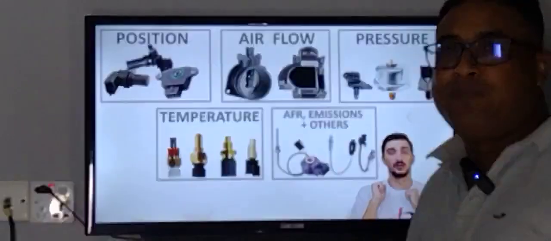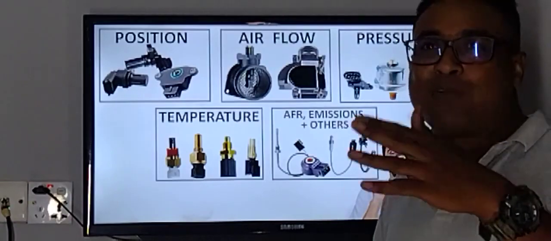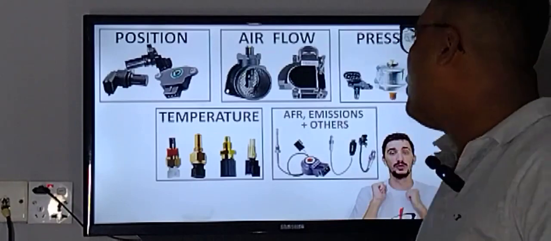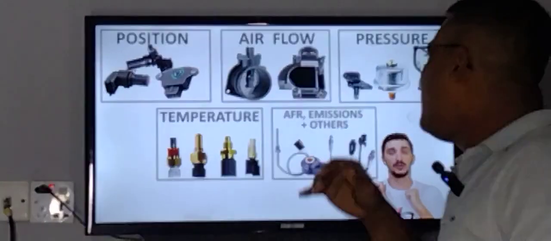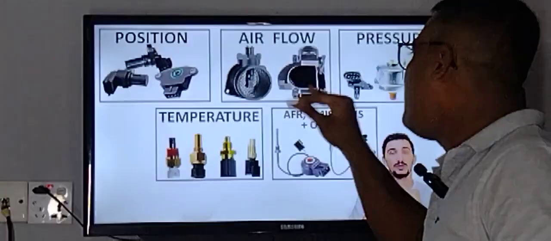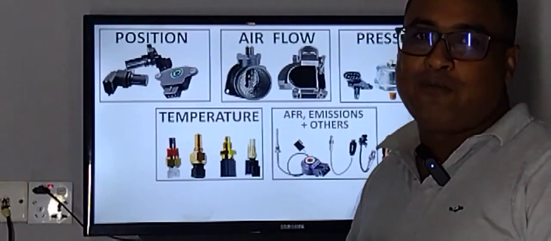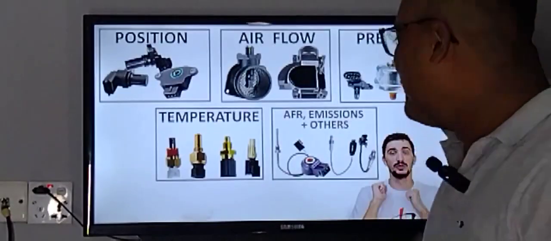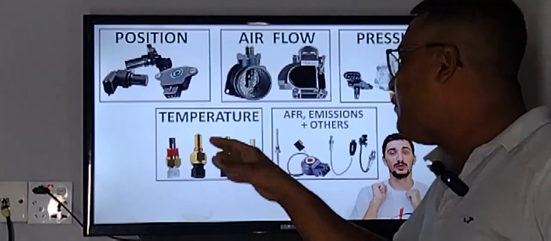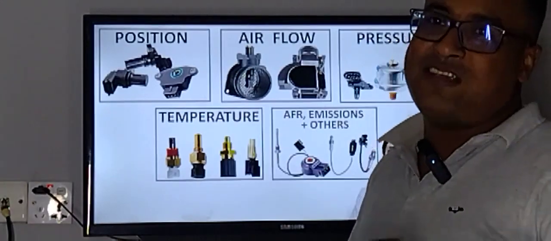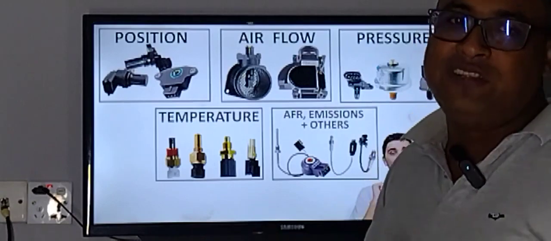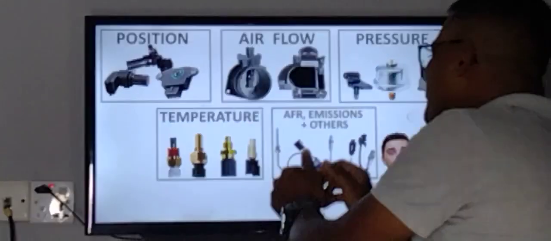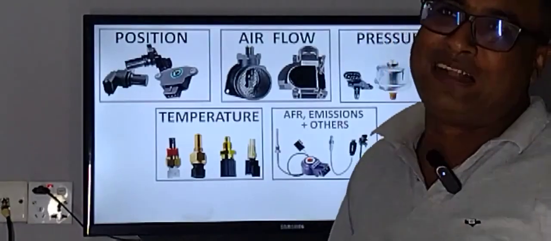Okay, if your MAP sensor is faulty, you cannot get proper acceleration and other problems will occur. If the MAP sensor has a problem, it will not measure the flow of your air, then the fuel consumption will be higher. Okay, and if the temperature sensor is faulty, then your engine can seize from overheating, and the engine can break down on the road. So these kinds of sensors give electronic pulse signals.